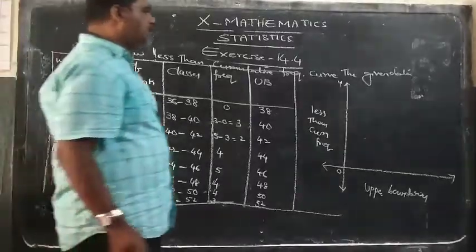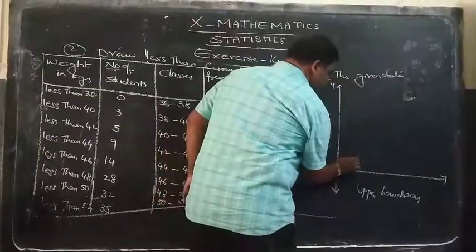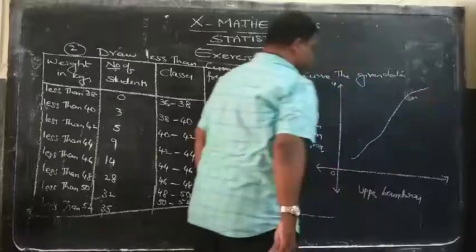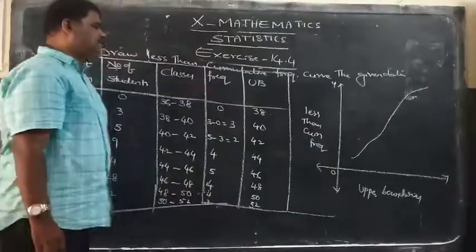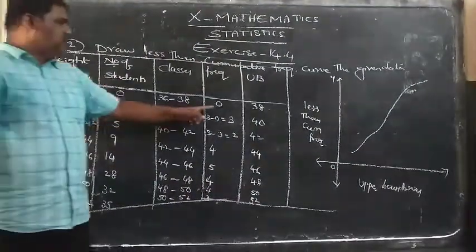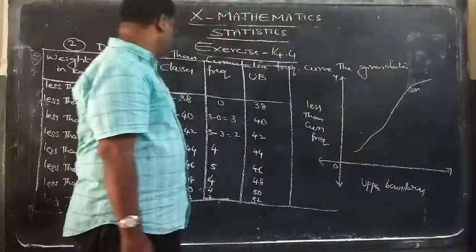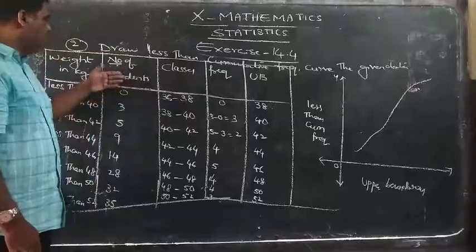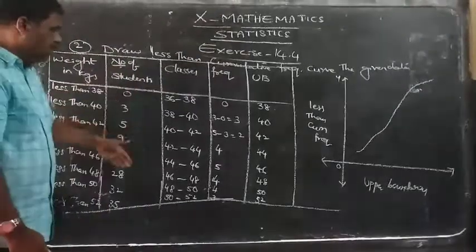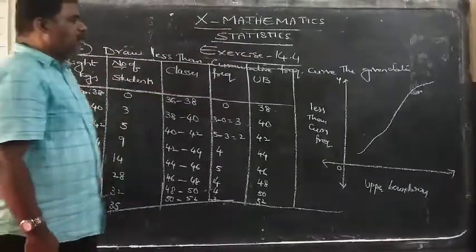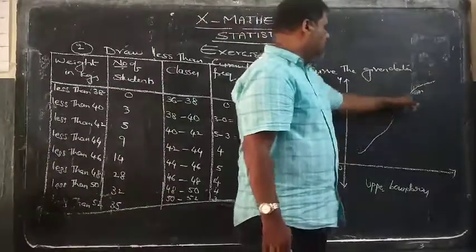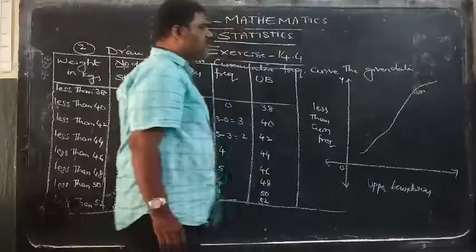So if you plot the graph and complete it, you will get an LCF curve like this. Less than cumulative frequency curve, you will get like this. So upper boundaries you have to see on the x-axis, less than cumulative frequency you have to see on the y-axis. So if you draw the curve, you will get the less than cumulative frequency curve.